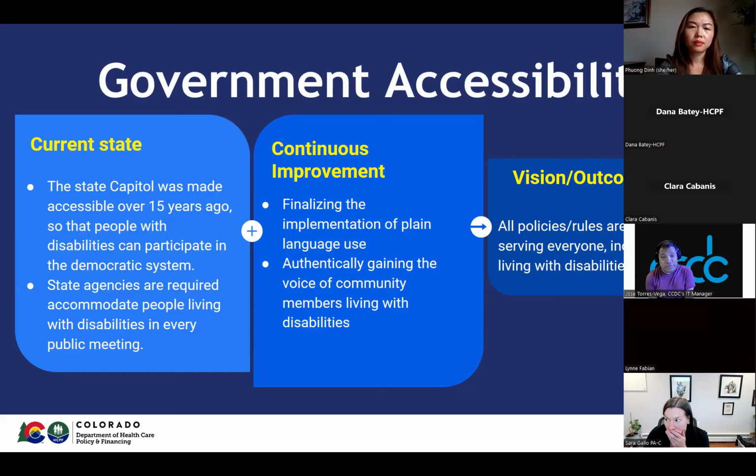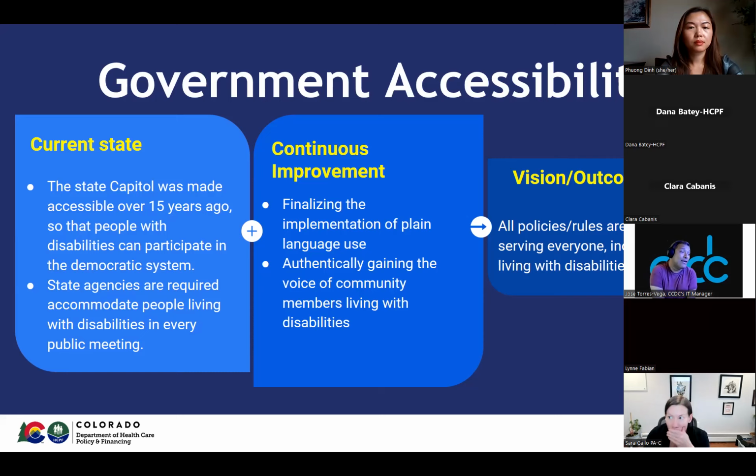You can access all the committee rooms. They have different doors that are accessible. The floor has lifts that they have the legal obligation to give you access to and help you one-on-one. And that was made by a CCDC member who accomplished this.